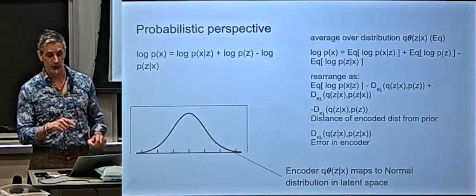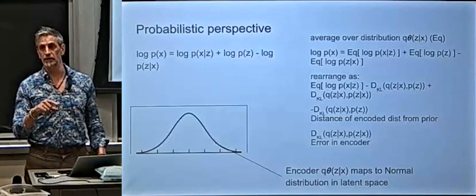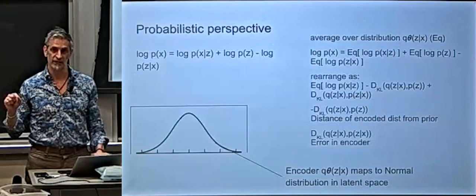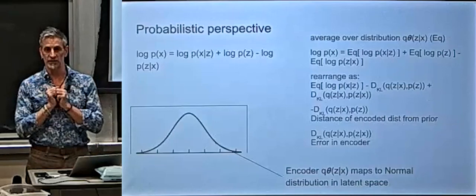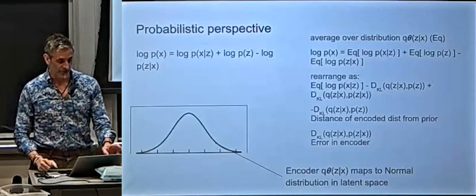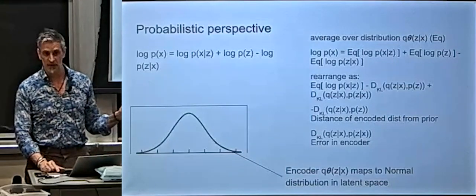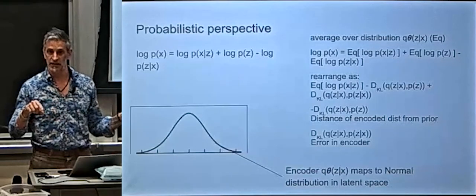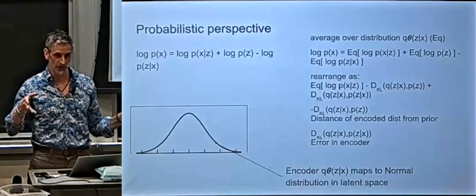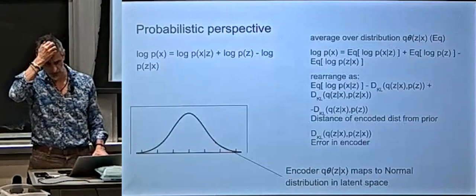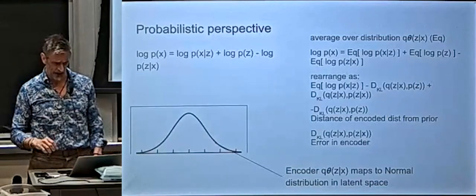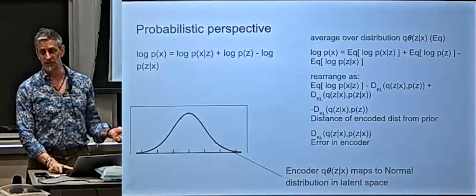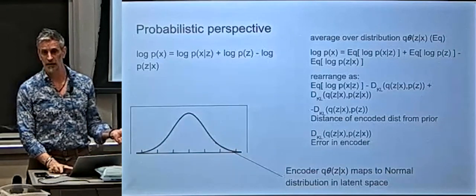Essentially, what I'm going to do is integrate over all Z, Q of Z given X, for all of these terms, okay? And for the first term on the left, log P of X, if I integrate that with respect to Z and multiply log P of X by Q of Z given X, what do I get?